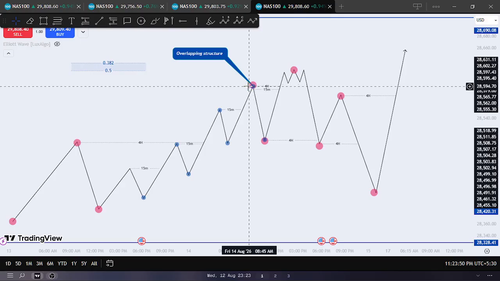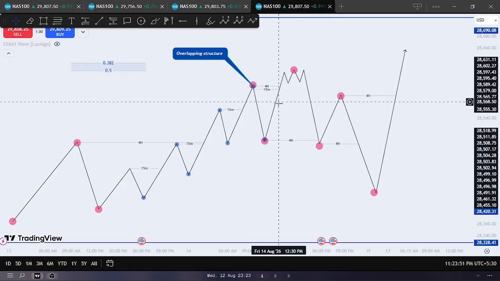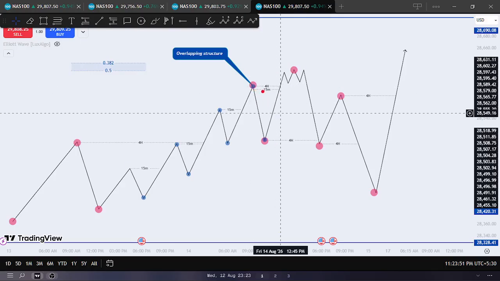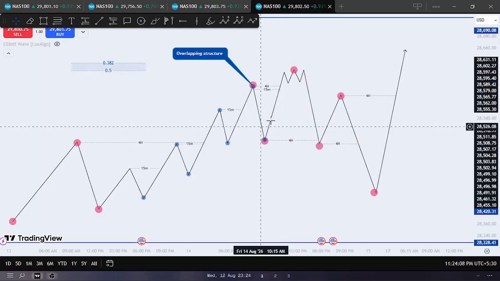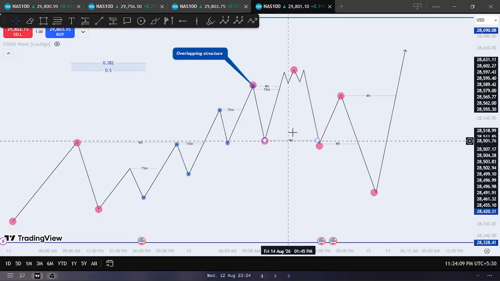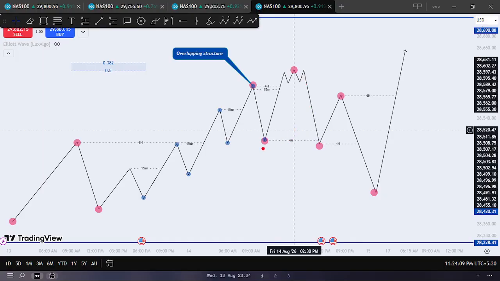Now it is preference based. Some people like to stick with the overlapping structure, they will just keep it. Some people may notice another internal structure in this structure and just say, hey, this is my overlapping 15-minute structure now, and I am the second type.